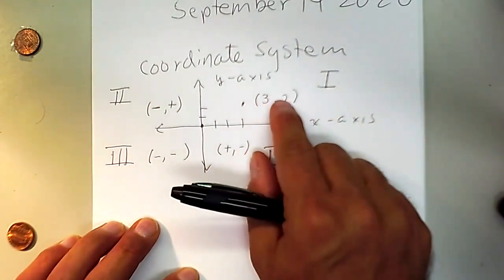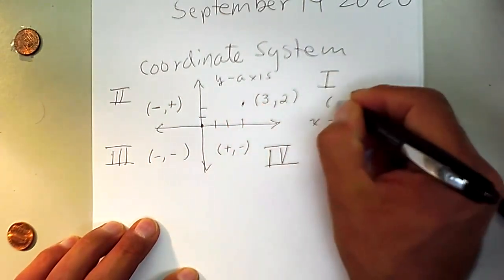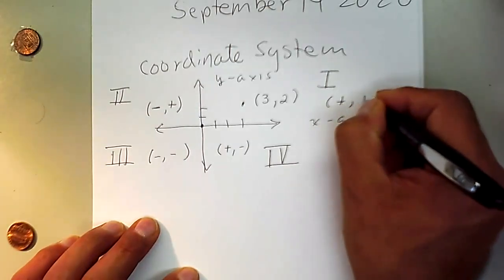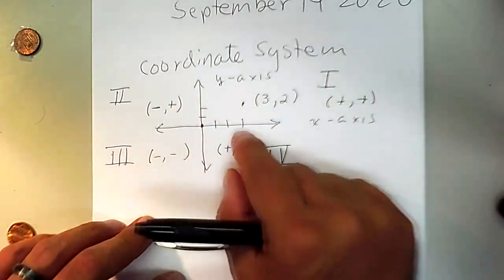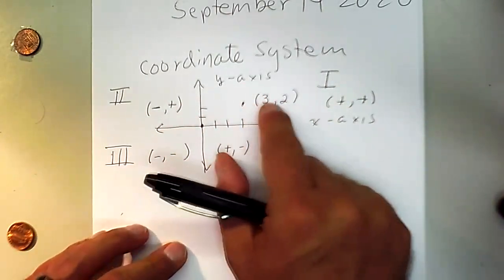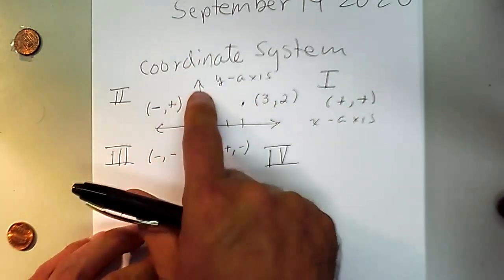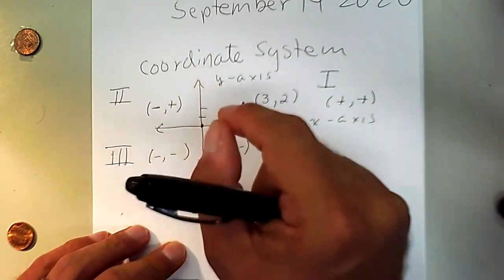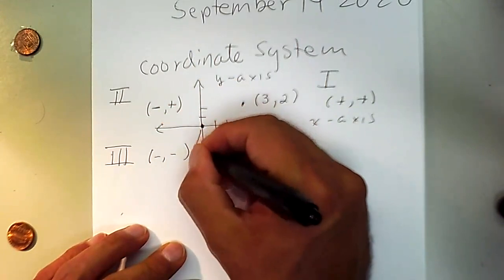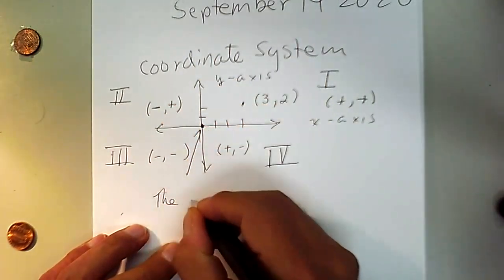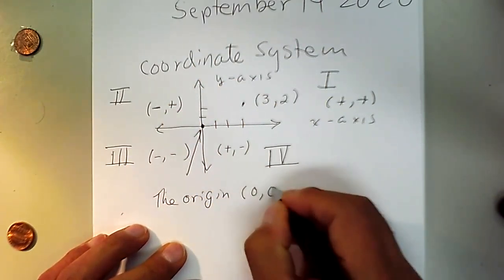And this point is positive, positive. So we can recognize whether a point belongs to quadrant 1, 2, 3, or 4, simply based on what kind of numbers we have. Now, if we have a point right on the line, then that doesn't belong to any quadrant. It's between two quadrants. And then this point right in the middle has a special name. It is called the origin. And its coordinates are 0, 0.